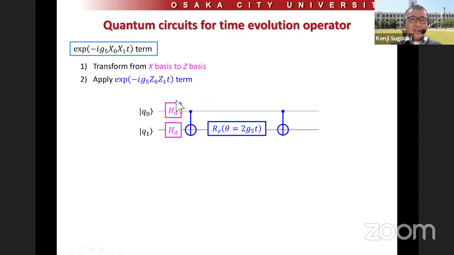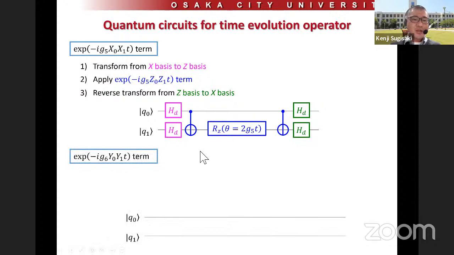And then apply the reverse transformation from the Z basis to the X basis by applying another Hadamard gate. So this term can be simulated by using this quantum circuit.